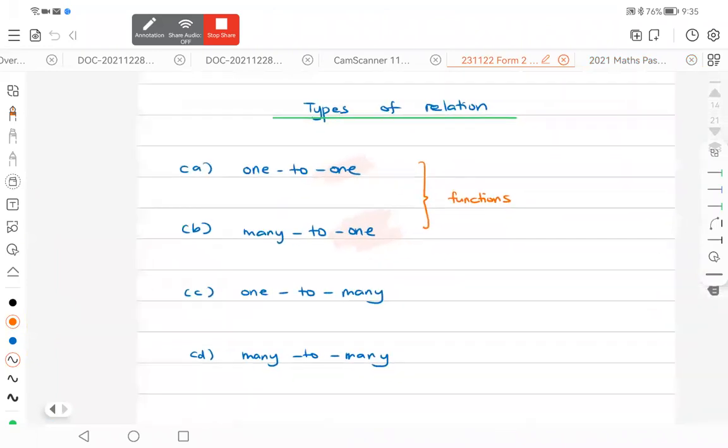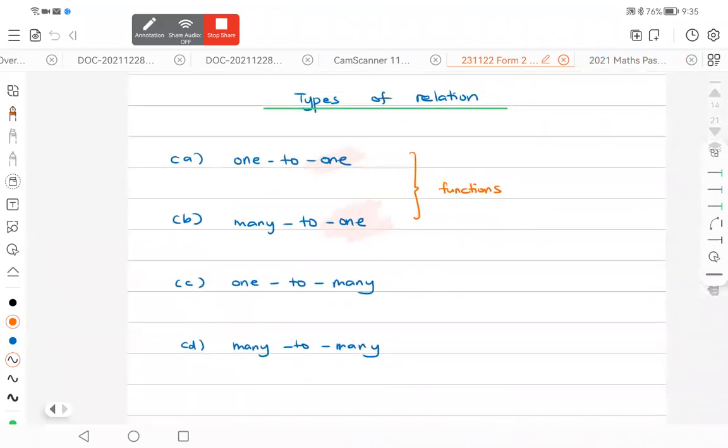Then we talk about Chapter 8, types of relation. We have 4 types of relation. The types one-to-one and many-to-one are considered as functions only. The reason is because one object or objects can only be paired to one image.